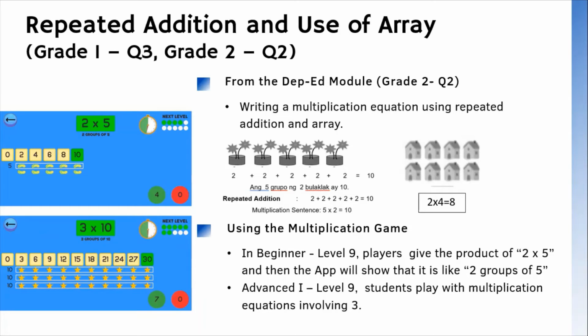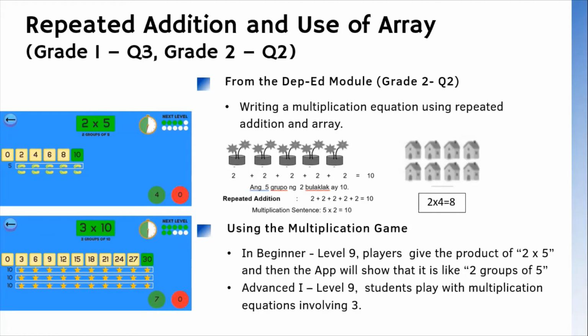parts, discussing how to write a multiplication equation using repeated addition and array. For example, 2 plus 2 plus 2 plus 2 plus 2 is equal to 10, and the corresponding multiplication sentence is that 5 times 2 is equal to 10.